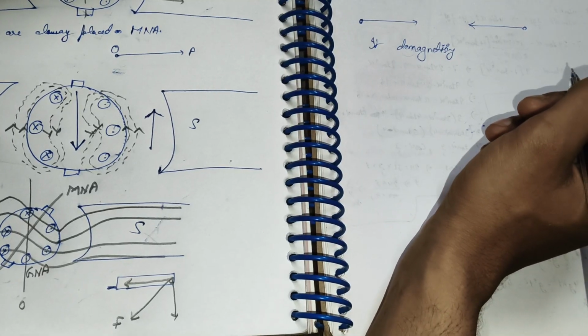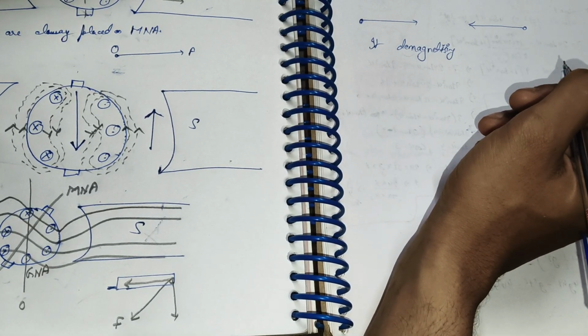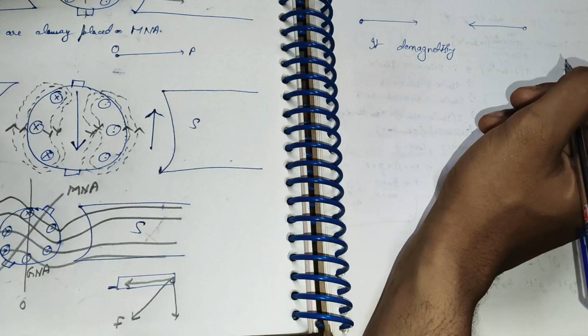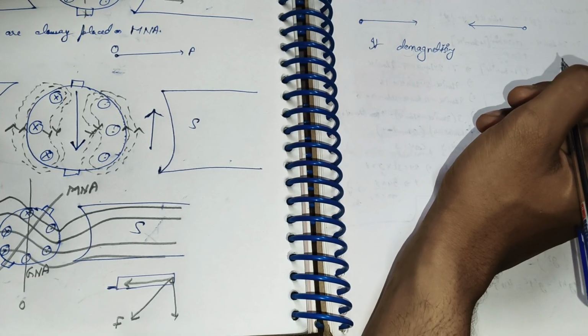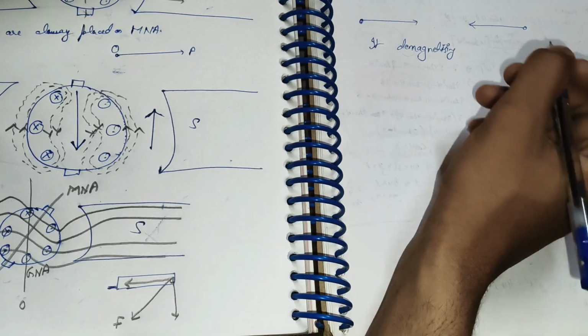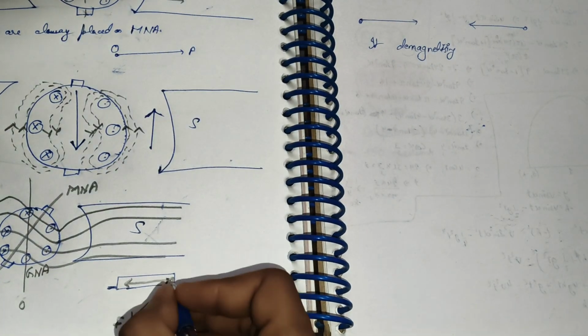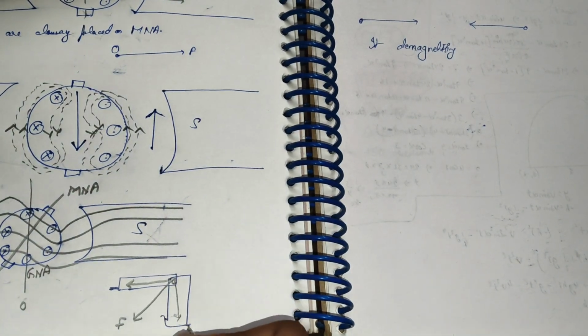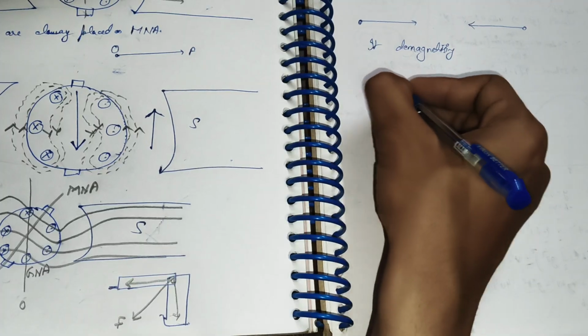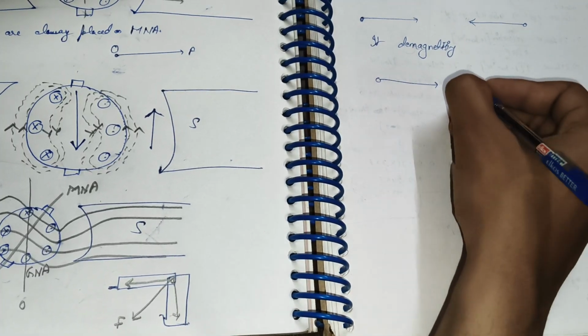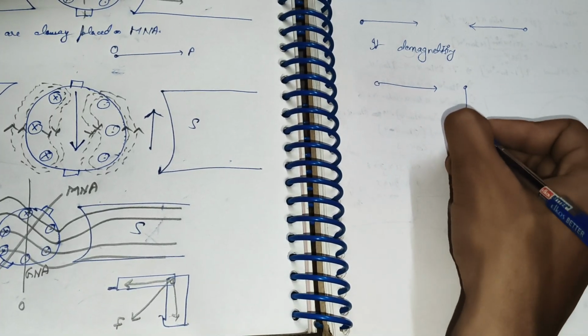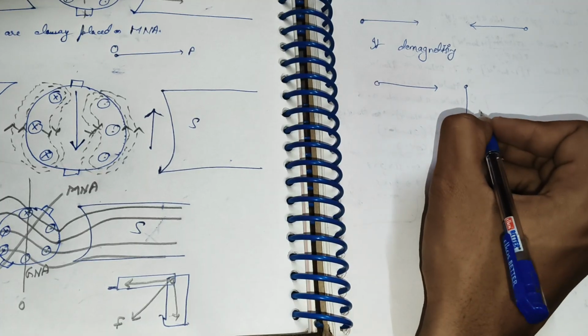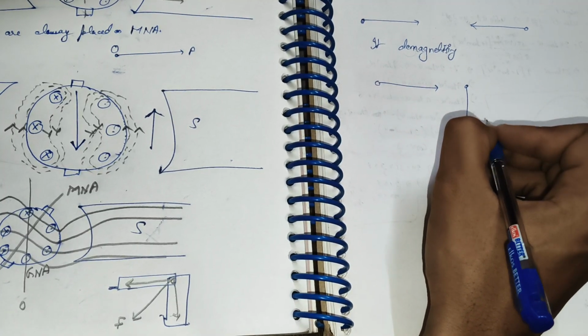As the name suggests, the demagnetizing effect will weaken the main magnetic field, and the other effect is this. Say this is the direction of the main magnetic field, and this is the direction of the rotor or armature magnetic field.